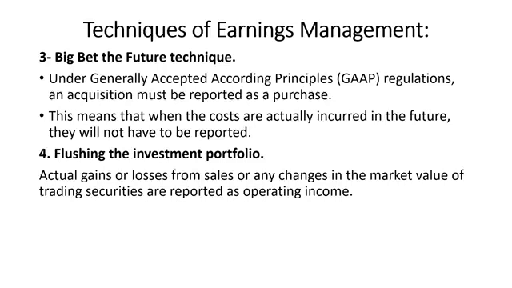The fourth one is the flushing of the investment portfolio. This means that actual gains or losses from sales, or any changes in the market value of trading securities, are reported as operating income. So if you have an acquisition, it will be reported as a purchase. If you have changes in the market value of trading securities, they will be reported as operating income, and this is under the big bet on the future technique and the flushing of the investment portfolio.